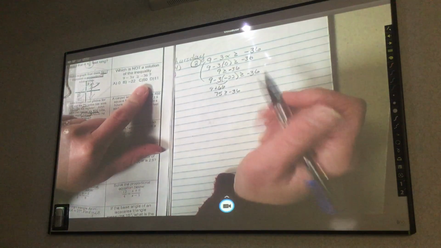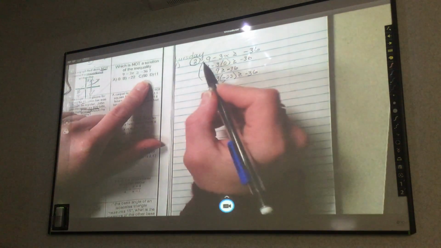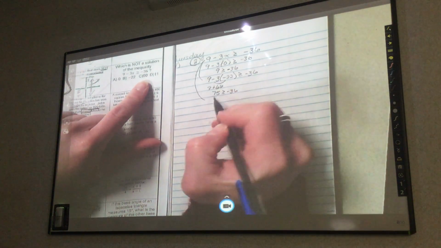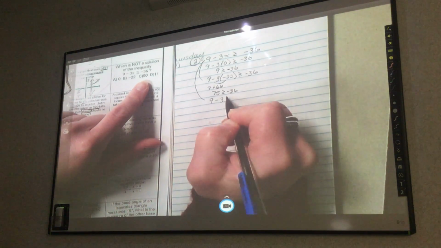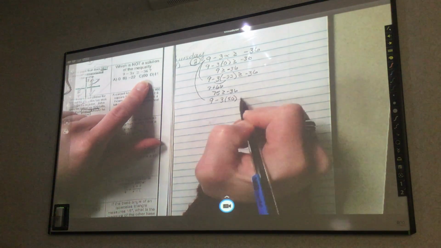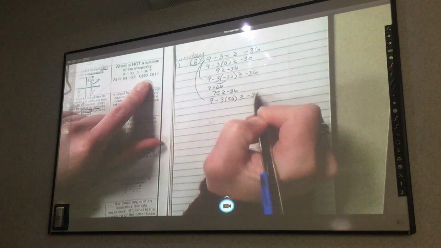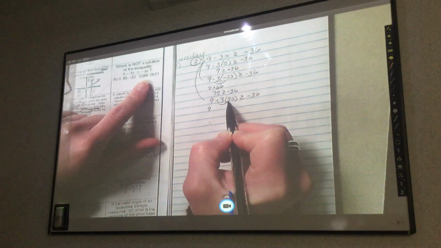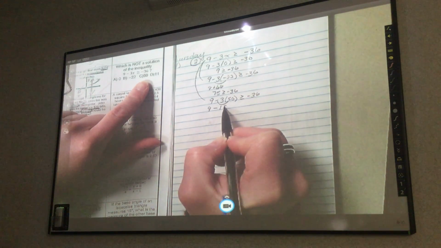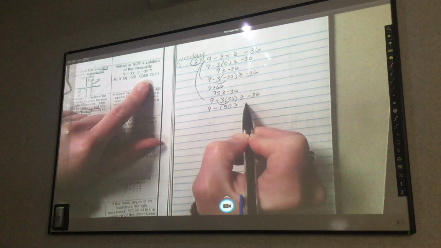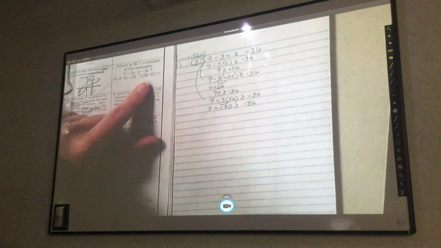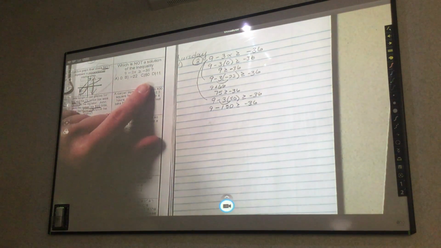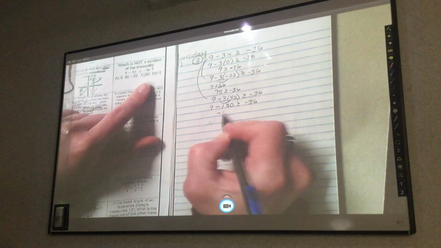Then my next one I try is 50. So I go back to the original problem. 9 minus 3 times 50 is greater than or equal to a negative 36. A negative 3 times a positive 50 would be a negative 150. So then I have to do negative 150 plus 9, which is a negative 141.